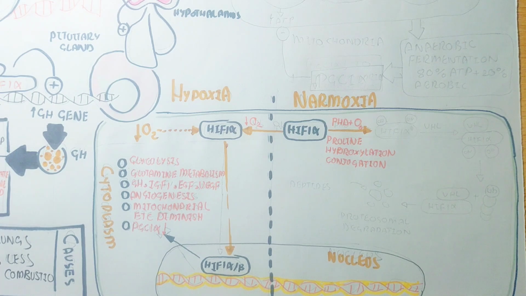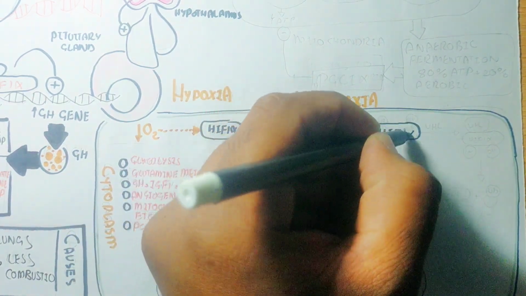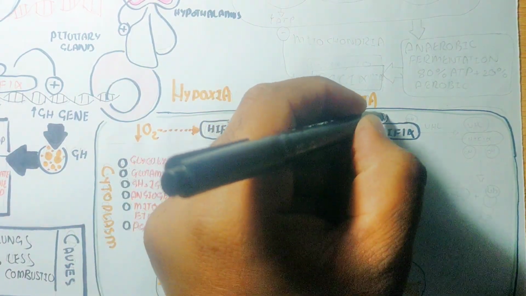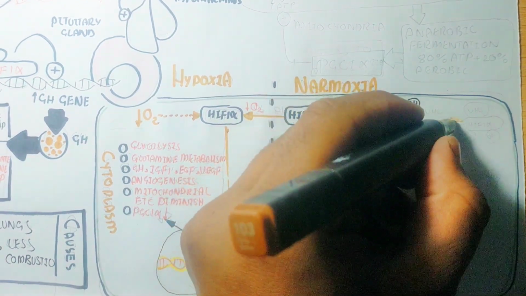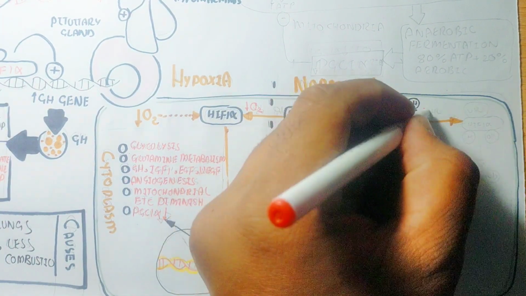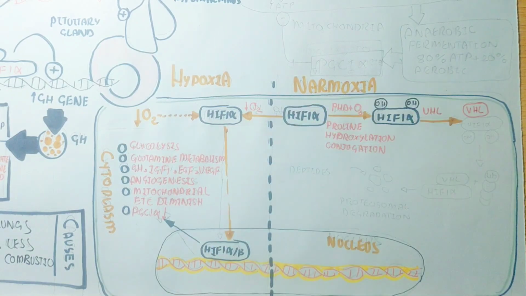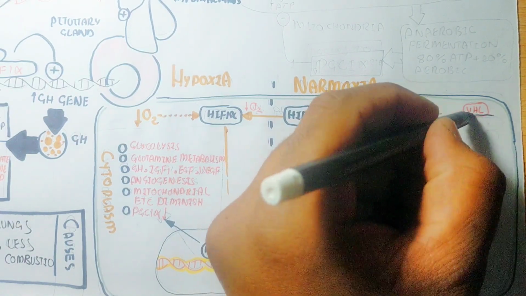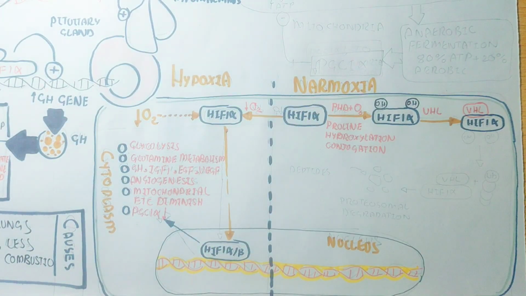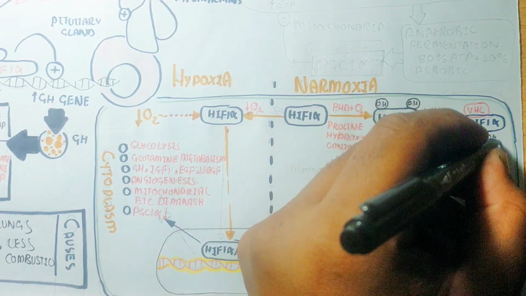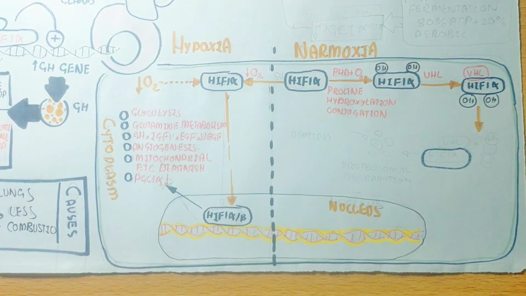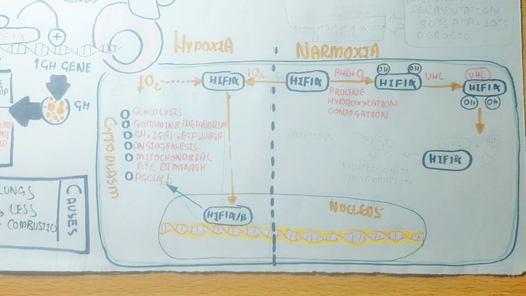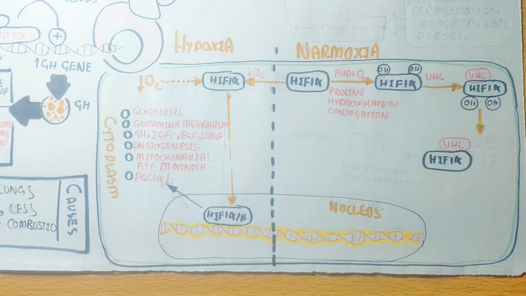HIF1 alpha undergoes proline hydroxylation. PHD, combined with oxygen, leads to hydroxylation of HIF1 alpha, which leads to VHL activation, and they combine to form a VHL-HIF1 alpha complex for ubiquitination. The ubiquitin combines to lead to proteasome formation, then proteasomal degradation, and this causes peptide formation.